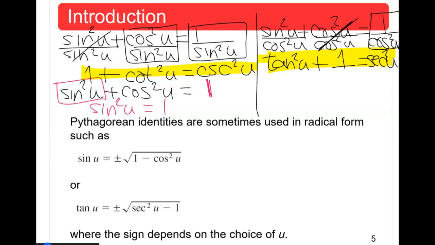And then we take the positive cosine square of u to the right side. So in this case, it will be negative, or you could think of it as subtracting it from both sides. And so that's another variation of it.